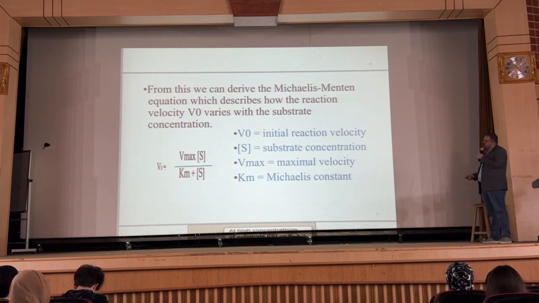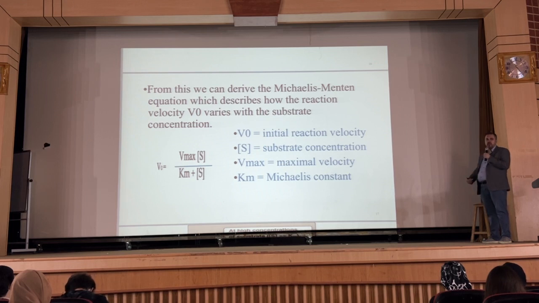Initial velocity equals Vmax times substrate concentration over Km plus substrate concentration. Vmax here is the maximum velocity. How much substrate is needed to reach the maximum velocity of this reaction?